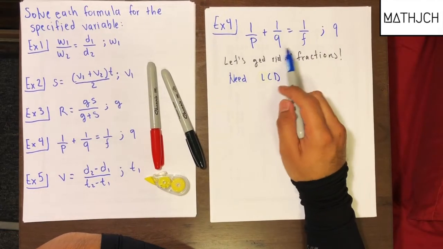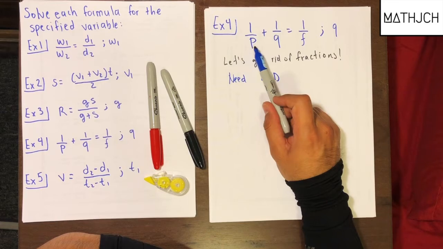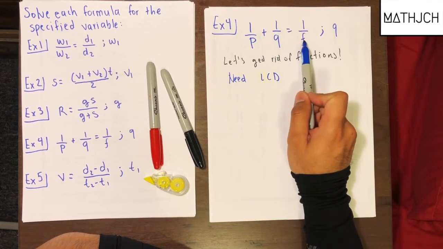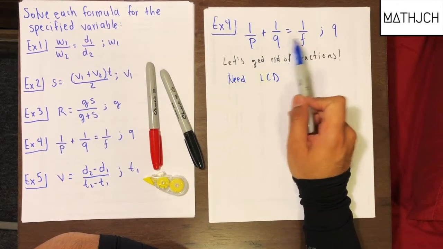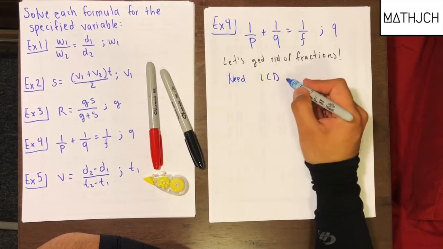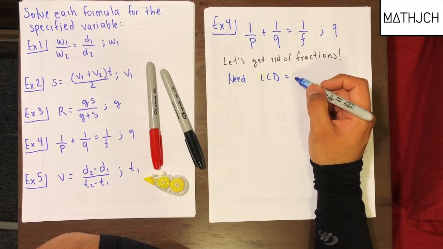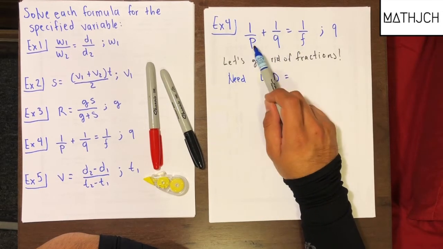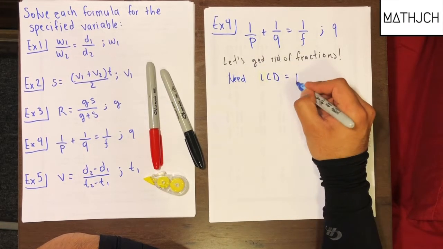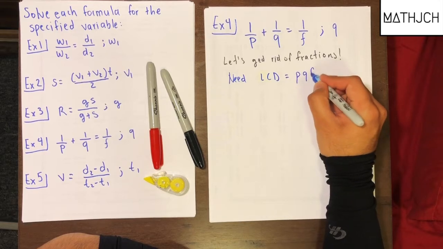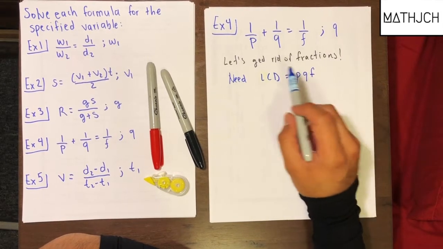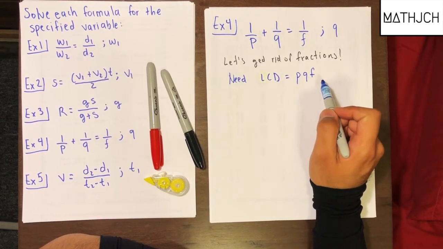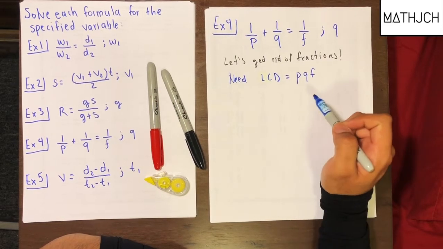In this case, notice that we have different letters. We have P, Q, and F. They are different variables or letters. So by default, our LCD is going to be the multiplication of every single denominator. So in this case it will be P multiplied by Q multiplied by F. So PQF is going to be our LCD in this case.